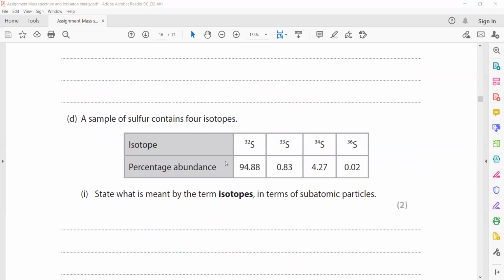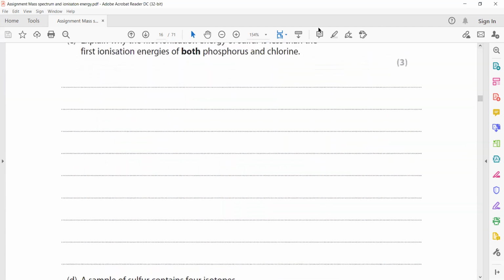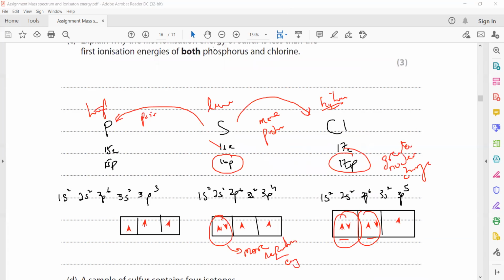Yes, more nuclear charge generally means higher ionization energy, but sulfur does not follow that. When you compare phosphorus with 15 protons and sulfur with 16 protons, sulfur has more charge, but there is a pair of electrons whose repulsion is higher. That's why it becomes easy to remove. So sulfur does not follow the same trend.